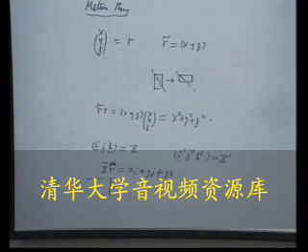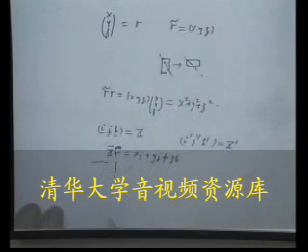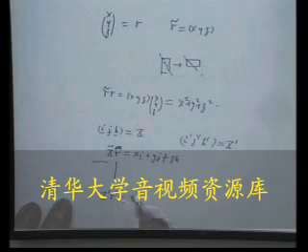I shall call it the i prime, j prime, k prime. And I write it as a row matrix, x prime. Then x prime, r prime is equal to x prime i prime plus y prime j prime plus z prime k prime.